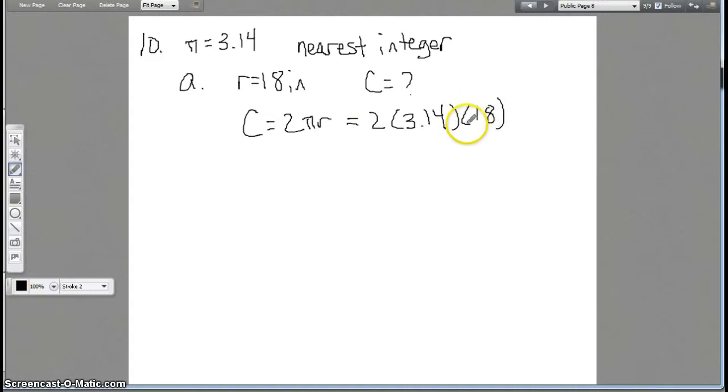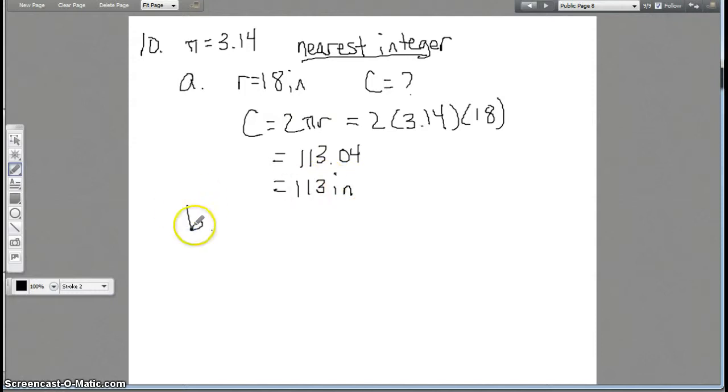And 2 times 3.14 times 18, that's going to give us 113.04. But it says to give our answer to the nearest integer. The nearest integer to this is 113, and we're going to be in inches. Because our radius was in inches, our circumference must also be in inches.